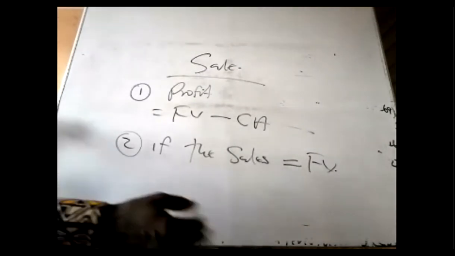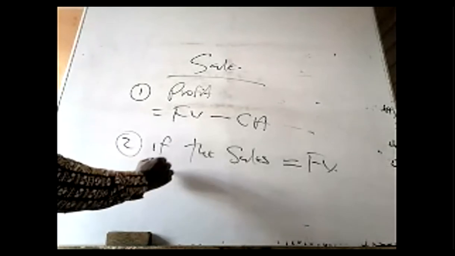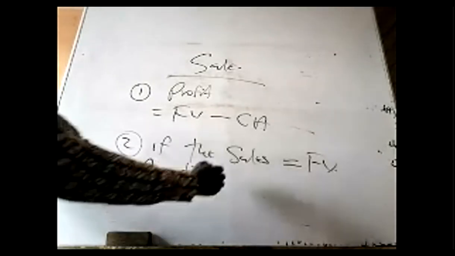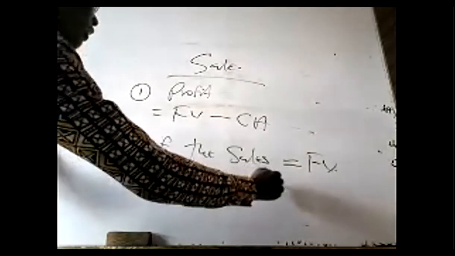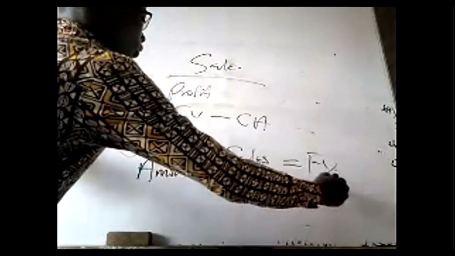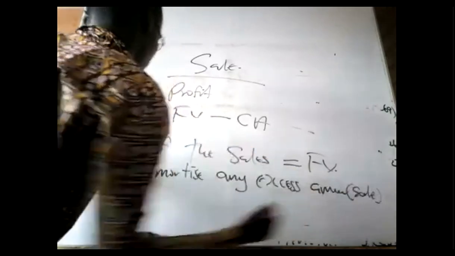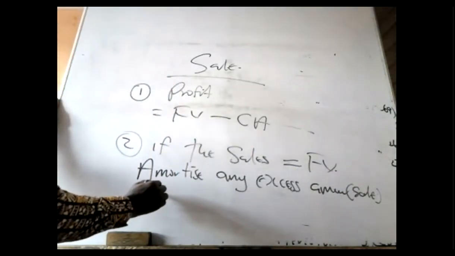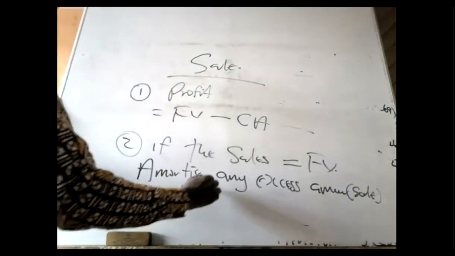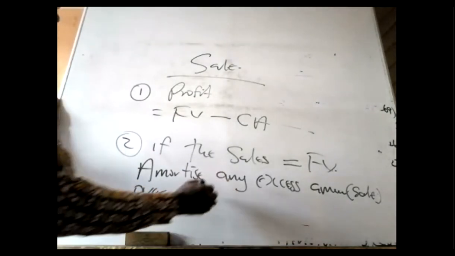So here, amortize any excess amount, that is the sale value over the fair value.